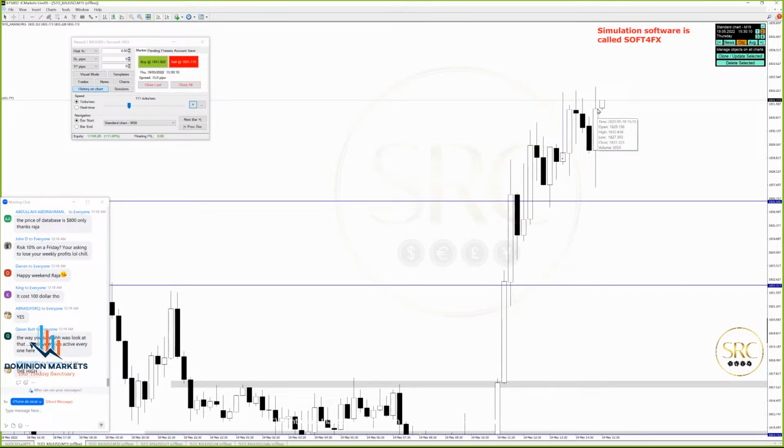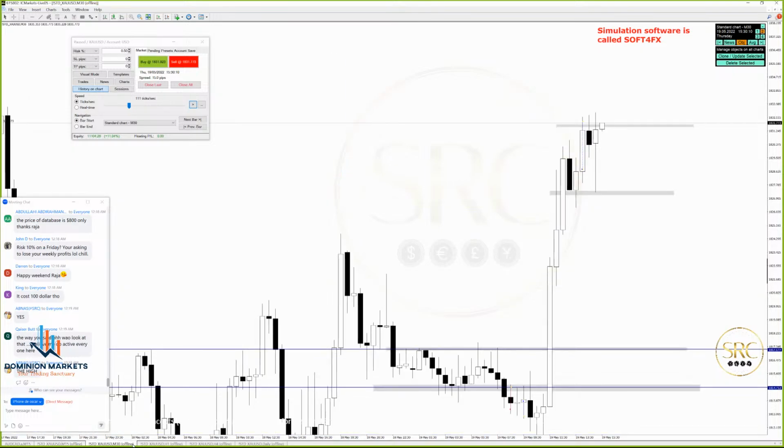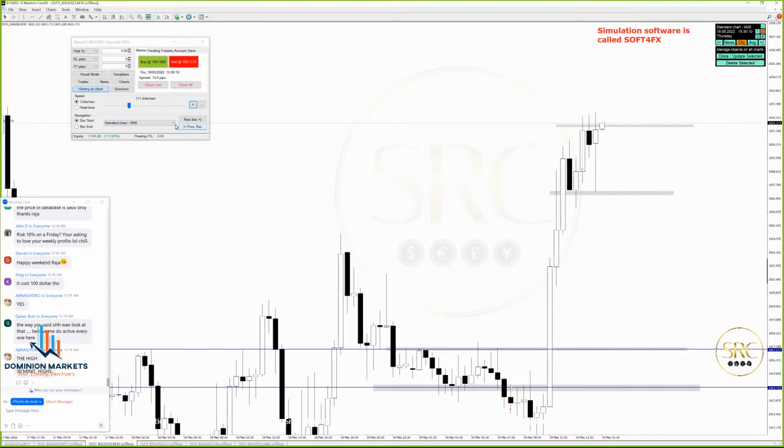So now the question is, if we do break above, let's say, this high at 1832, oh, damn, look at that. Yeah, we should continue pushing up now at this point. Yep, it's gone.